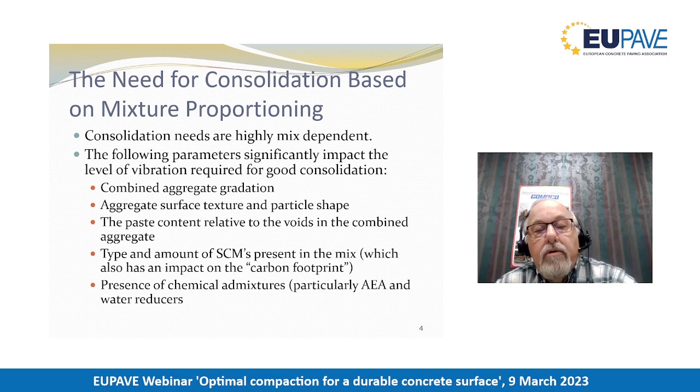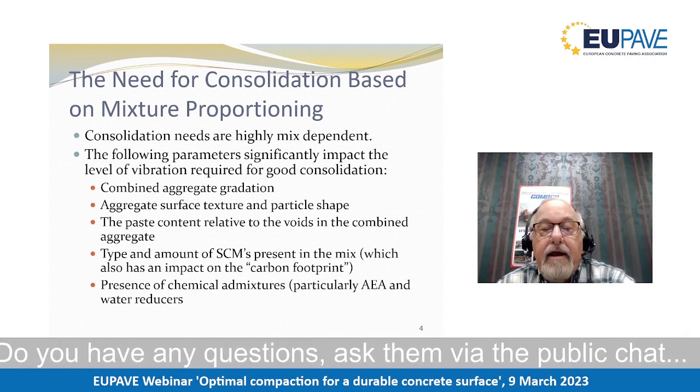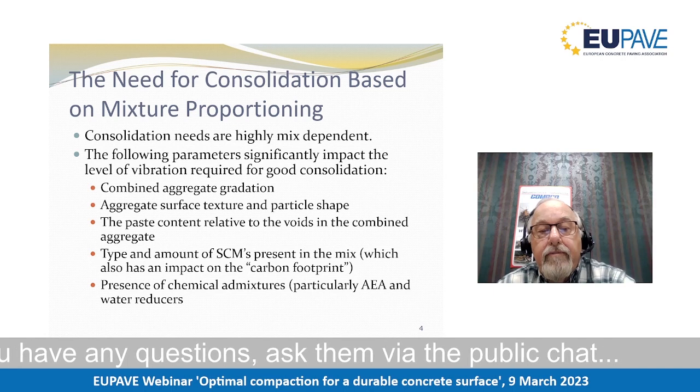One of the most important things affecting vibration is the combined aggregate gradation, but also the surface texture of the particles and the particle shape are important because they somewhat control the internal friction developed between the particles. The paste content relative to the voids of the combined aggregate is an important parameter.